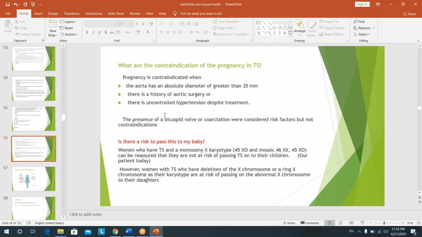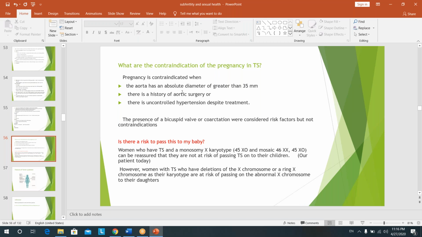The presence of bicuspid aortic valve and coarctation of the aorta may be present in a patient with Turner syndrome. These are risk factors, but not contraindications. If the patient has a bicuspid aortic valve or coarctation of the aorta, there is a risk that she may have aortic dilatation or aortic dissection during pregnancy, but it is not a contraindication.